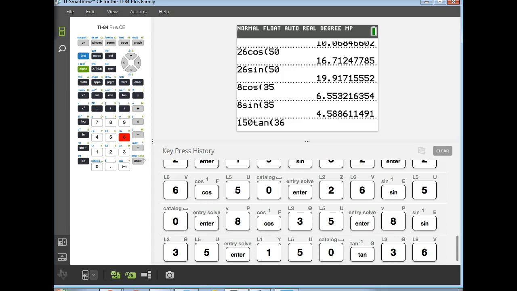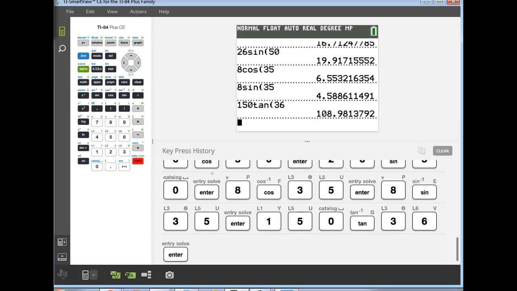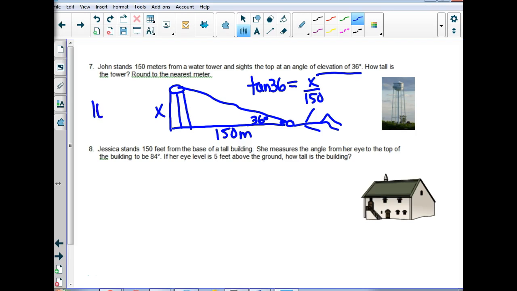It was 36, right? Yeah, we got 108.98, which is going to round to 109. 109 what? Meters tall. Okay. Pay attention to your labels.